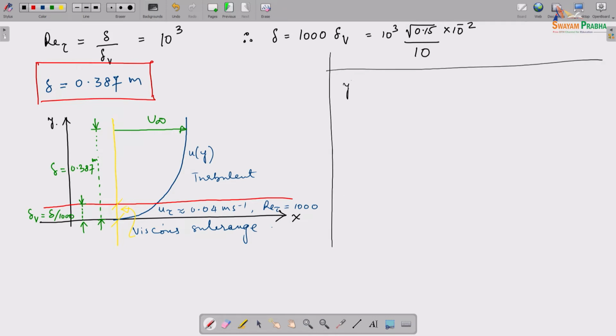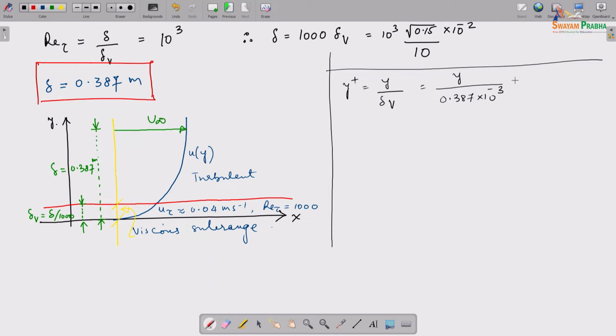Now y plus is equal to y by delta v. In this case, that is equal to y, and delta v is essentially correct.